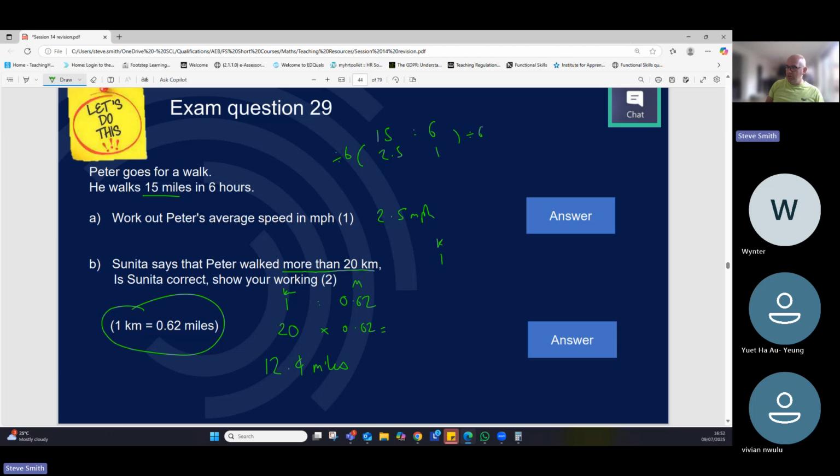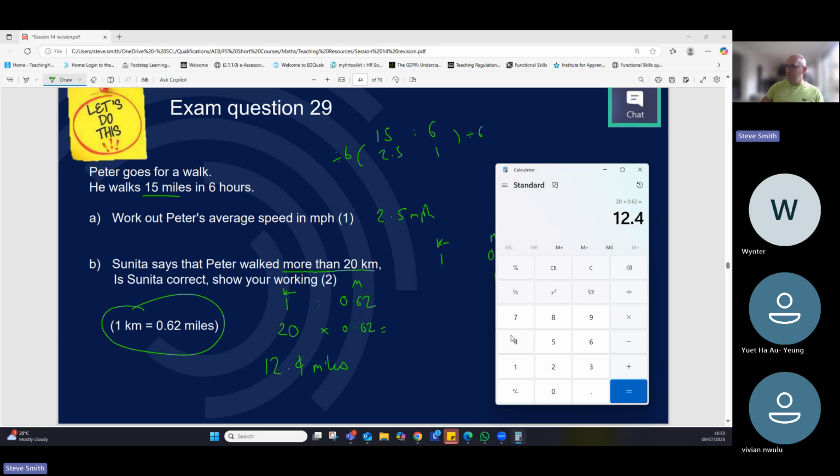Kilometers there is 1, and miles here is 0.62. We've got 15 miles that he walked. So now we need a bigger number on this side because the miles is the smaller number, the kilometer is the bigger number. So we divide it by how many miles are in each kilometer, and then that will tell us how many times that number goes into the bigger number, and therefore how many kilometers.